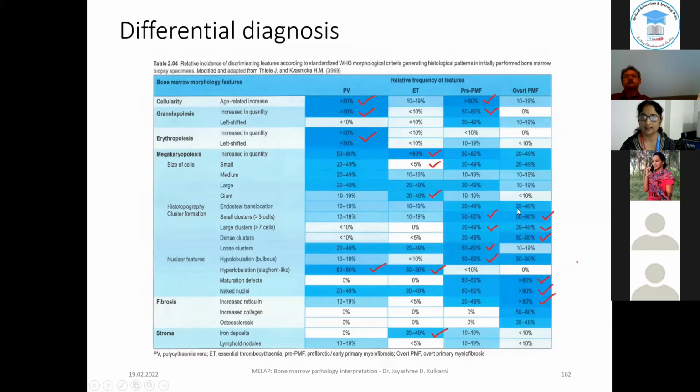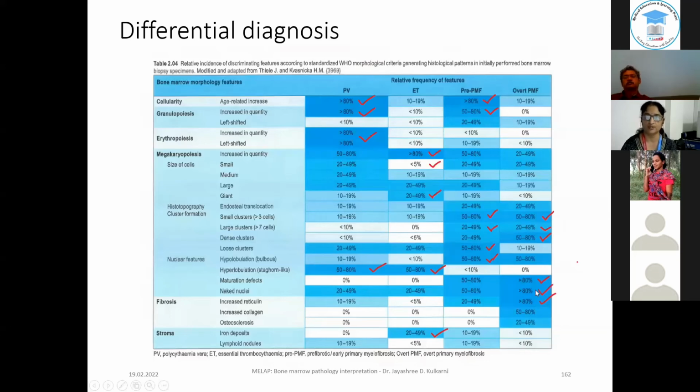When it comes to megakaryocytes, the size of the cells, how they form clusters and the nuclear features, you can say whether it is ET, where the size is much larger and giant forms are seen with hyperlobation, with staghorn forms seen in both PV and ET. But when it comes to myelofibrosis, there are too many clusters and they are dense clusters. So these features will help you differentiate between the three.